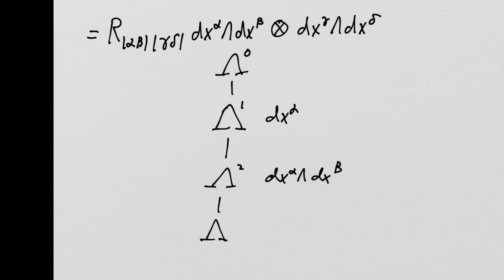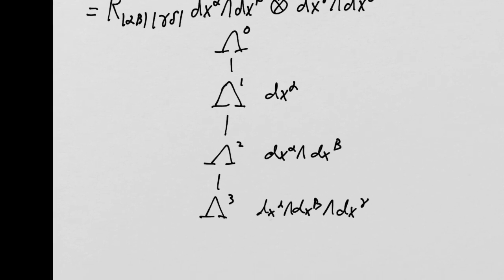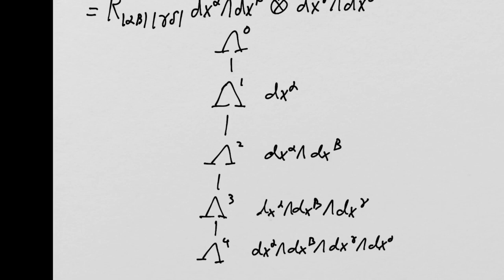Three forms, dx alpha wedge dx beta wedge dx gamma. And then you could have a four form, which would be dx alpha wedge dx beta wedge dx gamma wedge dx delta.